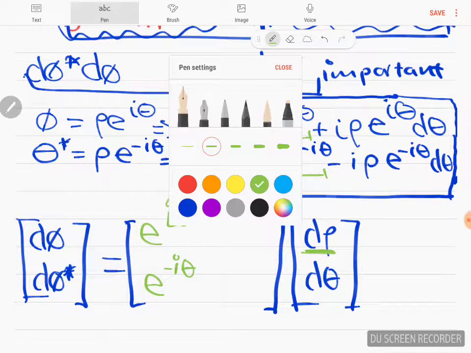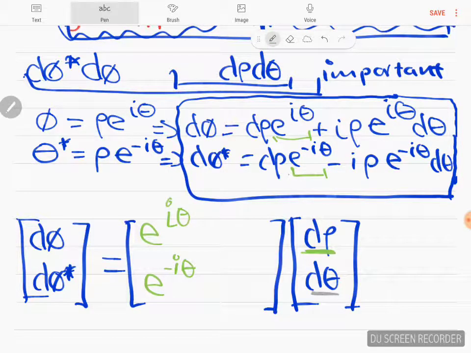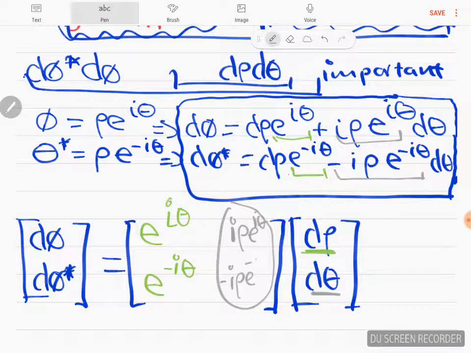Now, everything that multiplies d theta, this term and this term, shall go in the second column. So then I have i rho e to the i theta, and I have minus i rho e to the minus i theta. This matrix defines the transformation from phi star, phi to rho, theta.